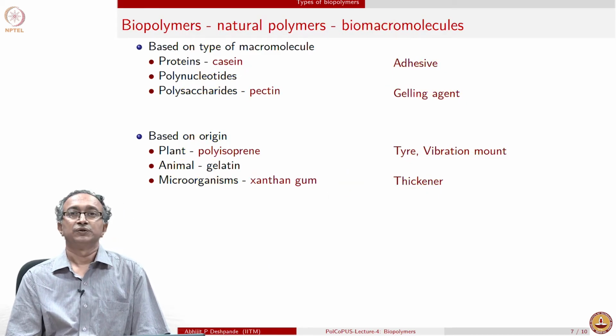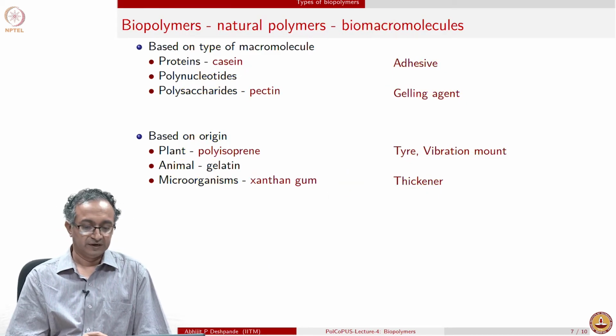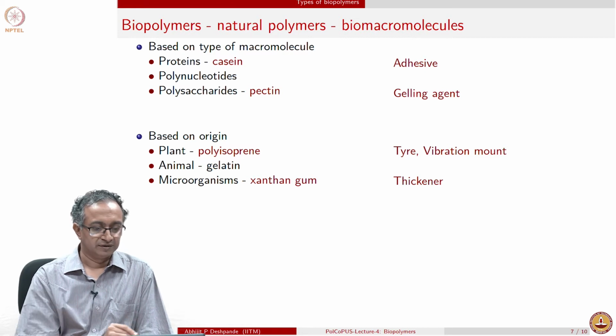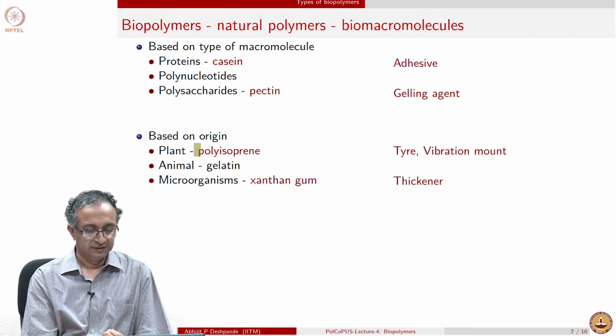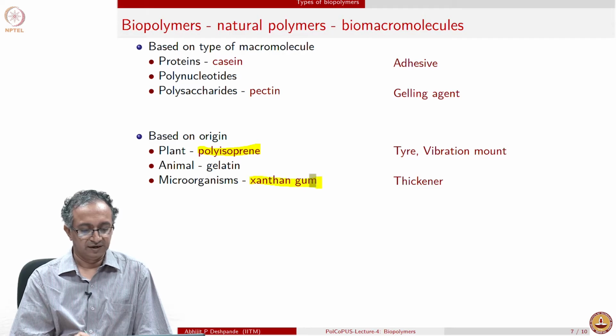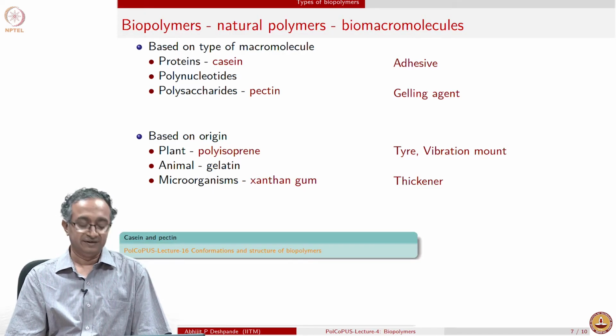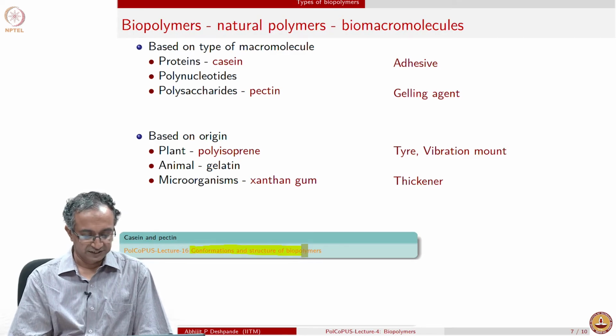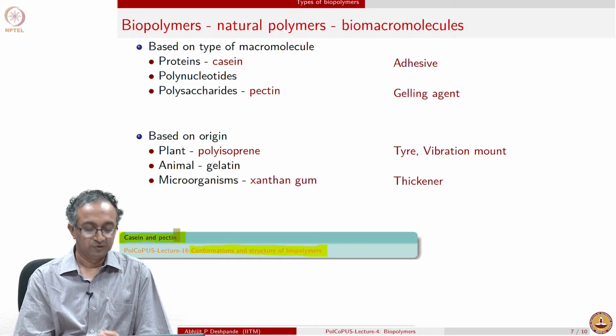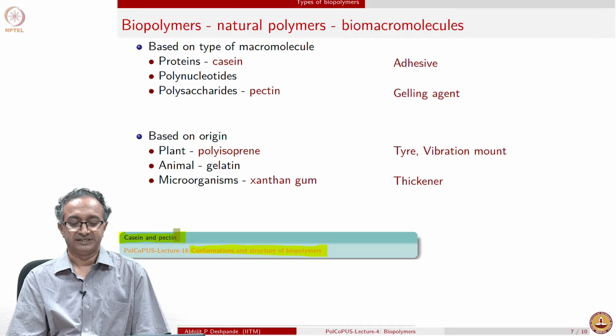And so, in this particular lecture, we will focus on 2 biopolymers, xanthan gum and polyisoprene. And in a future lecture on conformations and structure of biopolymers, we will look at casein and pectin in much more detail.